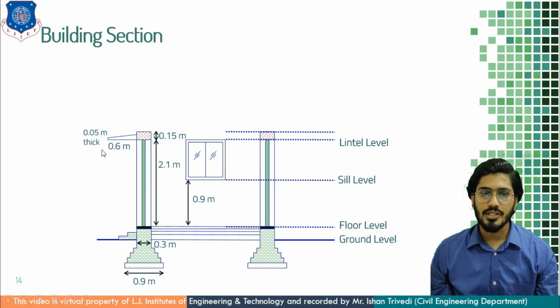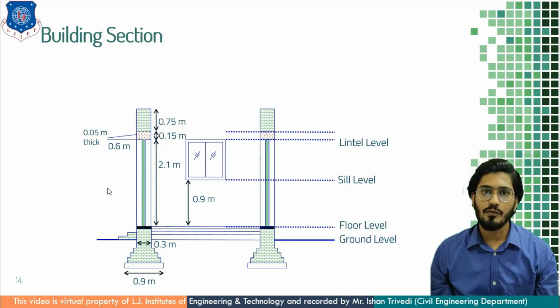At the end of the projection, the thickness of lintel decreases to 0.05 meter, so that you can avoid the accumulation of water at the topmost layer of a chhajja.